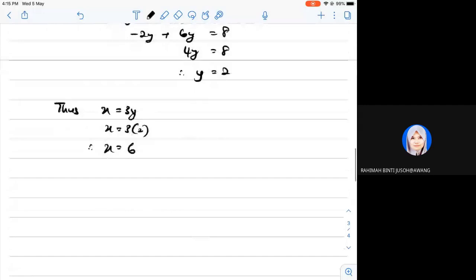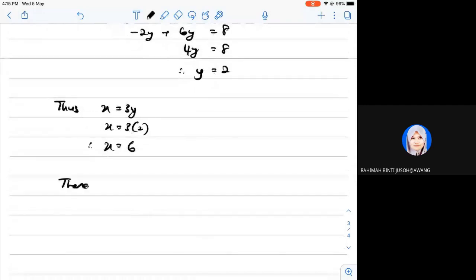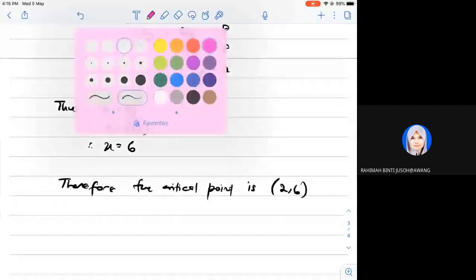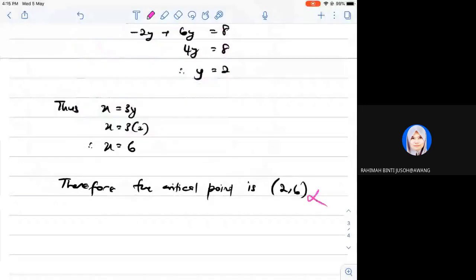Therefore, the critical point is, and you have to be careful here. In the final exam, students sometimes reverse the critical point. They write 2, 6. This is wrong. It should be 6, 2, because it follows the position, X then Y. X equals 6, and Y equals 2.